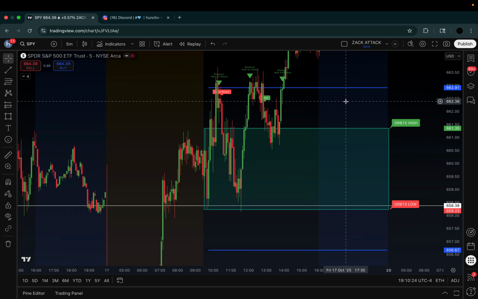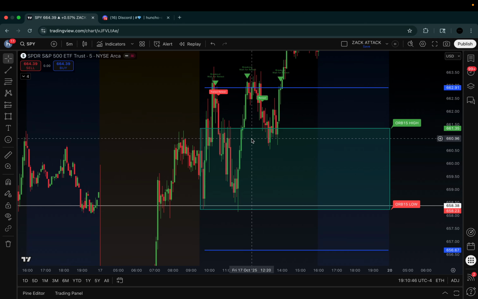Especially if we're looking at the 15-minute time frame, right? So one of the things that I look at whenever we're in this box is, first things first, depending how we open, I look at the ORB high and the ORB low as my main support resistance, and then there's also pre-market levels.